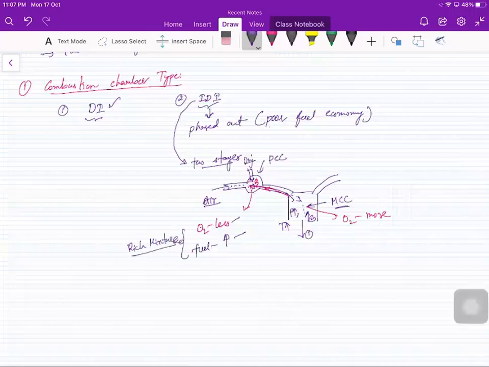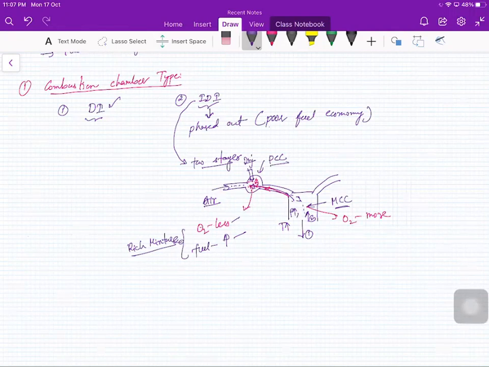The only probability of combustion inside the PCC is the rich mixture, so only the rich mixture alone will be burnt inside your pre-combustion chamber.